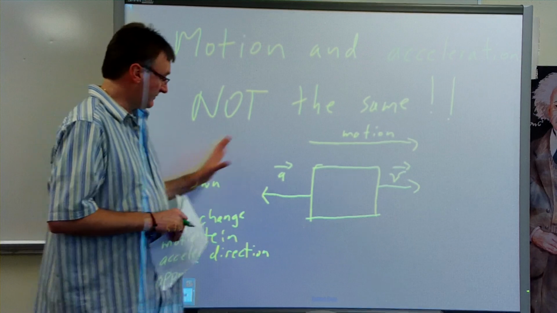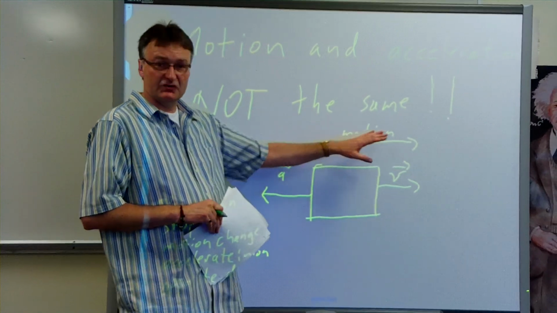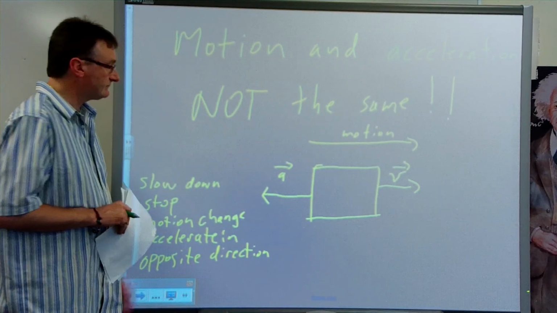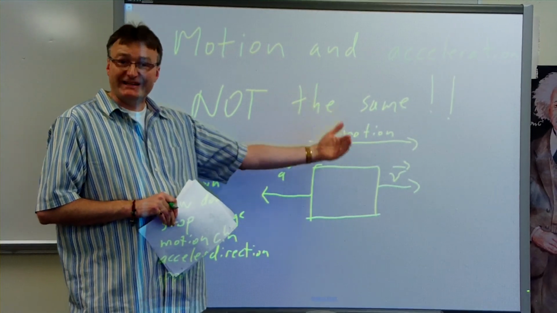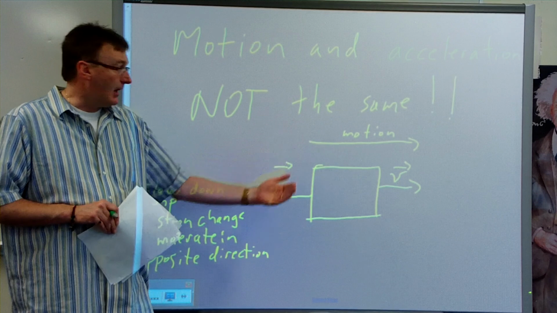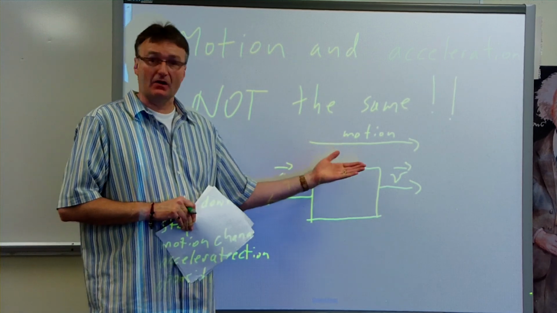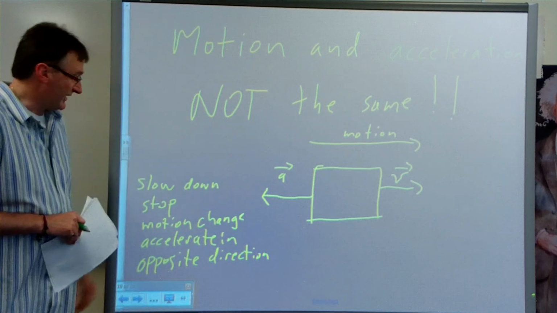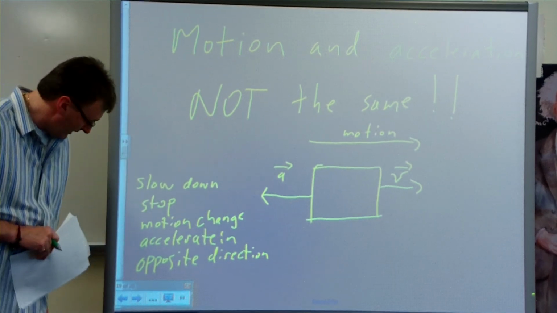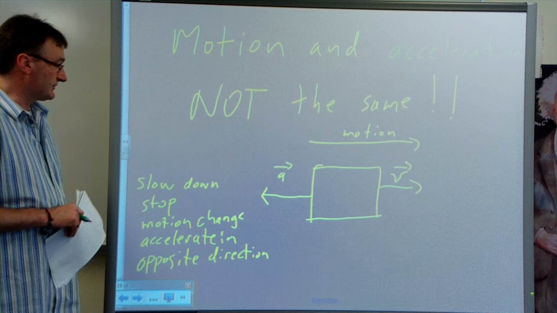All right. So as we're going along, we don't necessarily need to change the direction of the motion on our diagram, but we need to know what the motion is initially in order to know how the acceleration is affecting the object. Is it speeding it up? Is it slowing it down? And so that's where the motion indicator will be most useful to you.